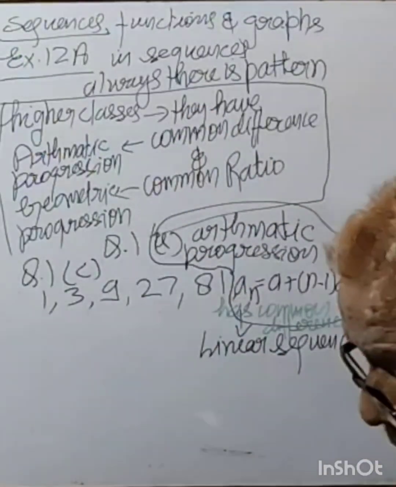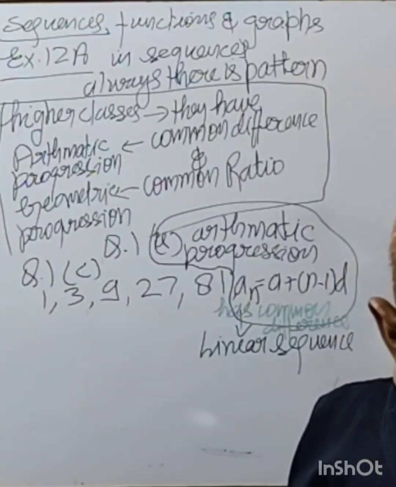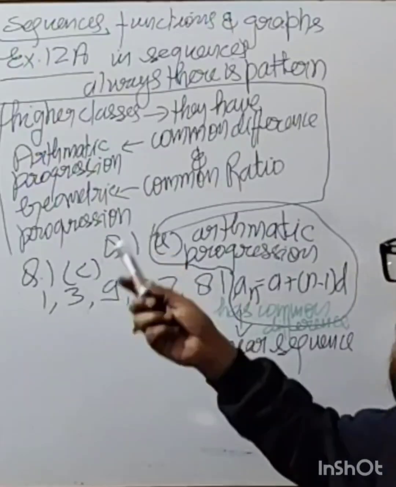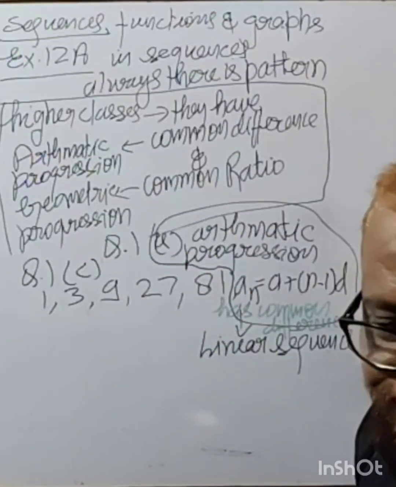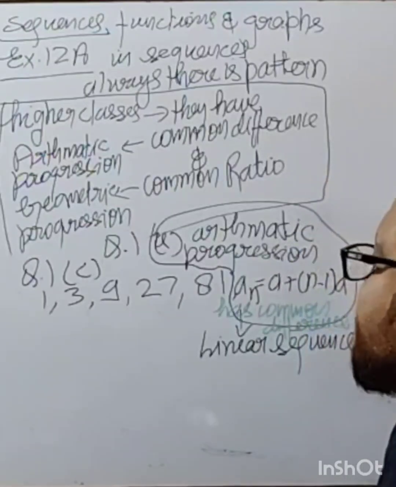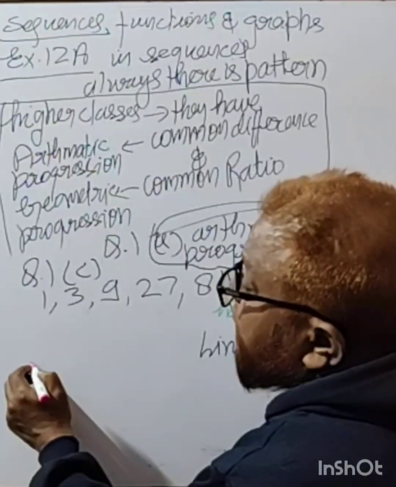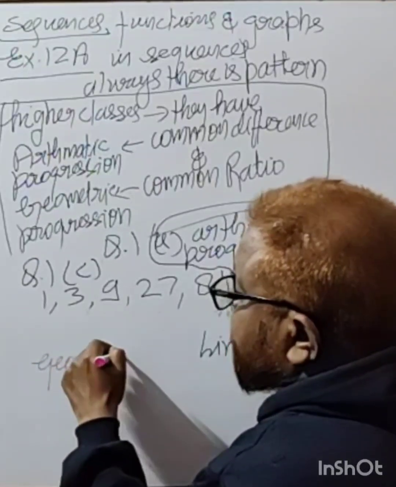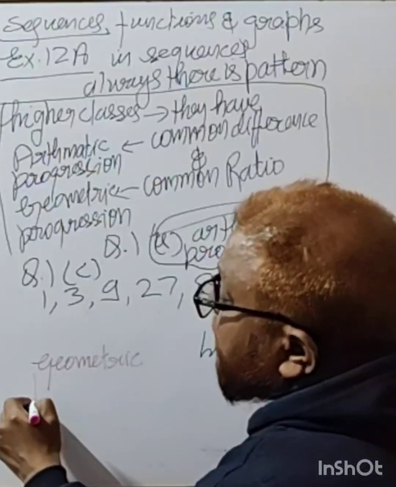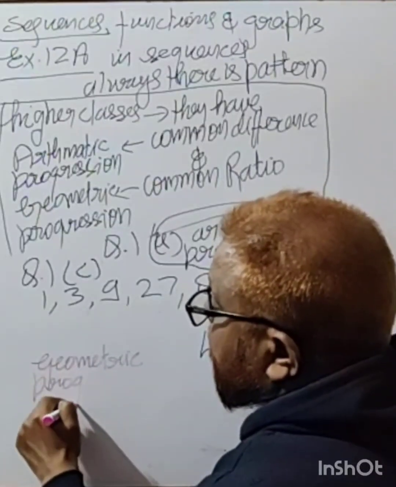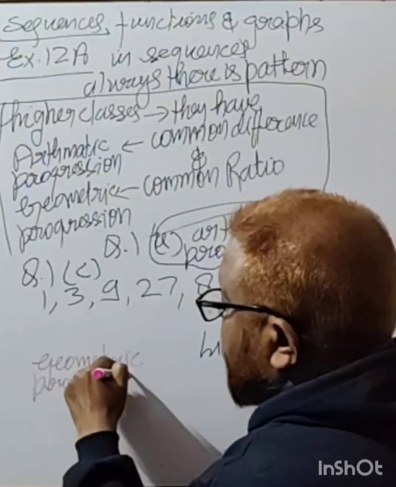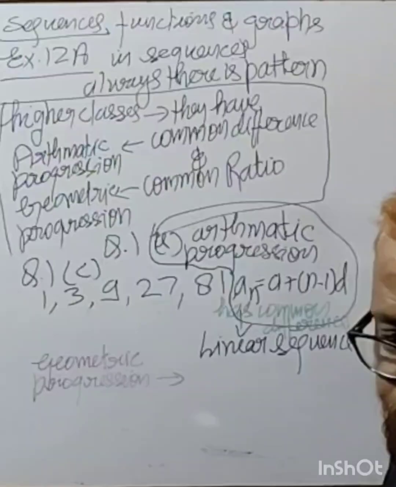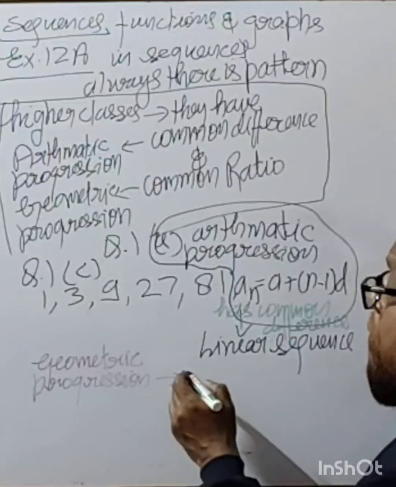As I told you, this is a linear sequence. Then you have a geometric sequence. It is in your syllabus; they are saying geometric progression. They have a common ratio.